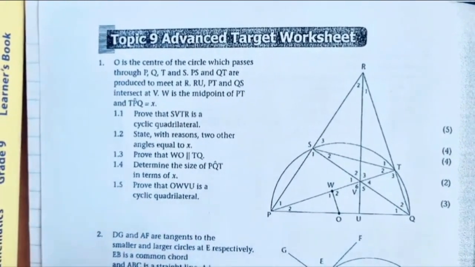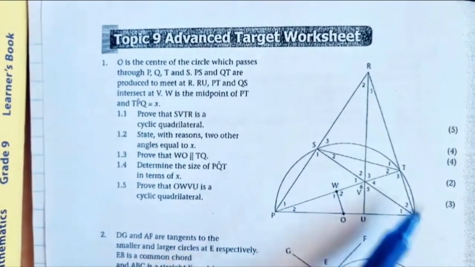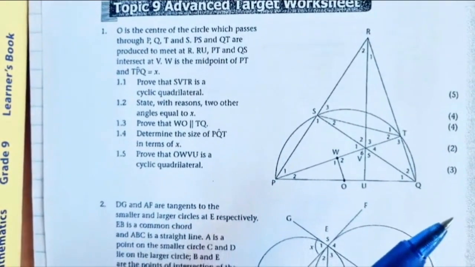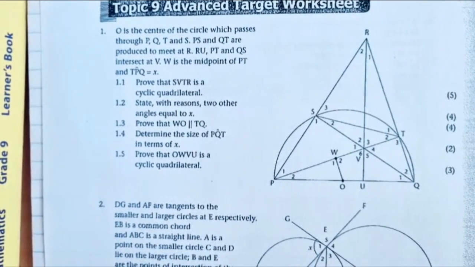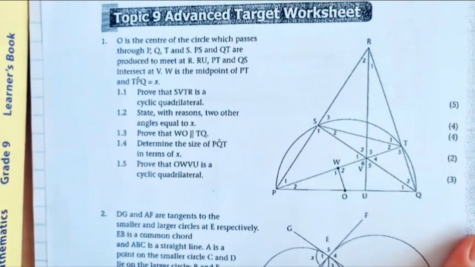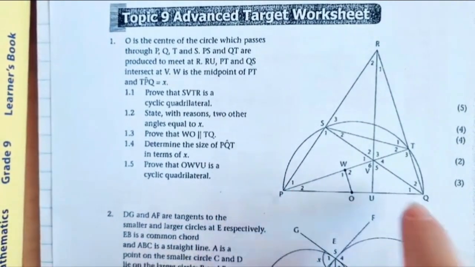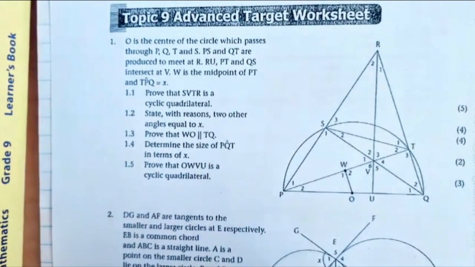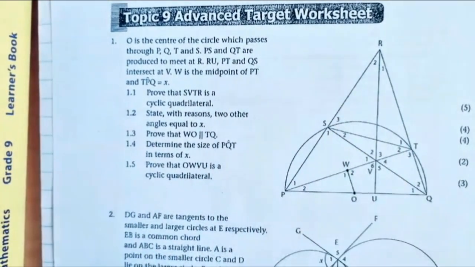Okay, so they're saying O is the center of the circle. Now, guys, they haven't even drawn the full circle. They've literally just given us the semicircle, which is very interesting. They're saying which passes through P, Q, T, and S. That means that it's a cyclic quad.